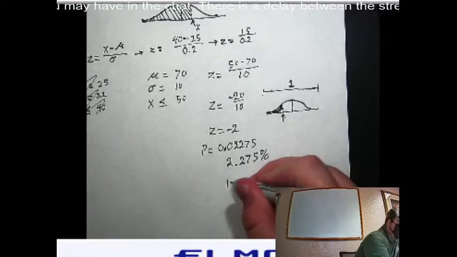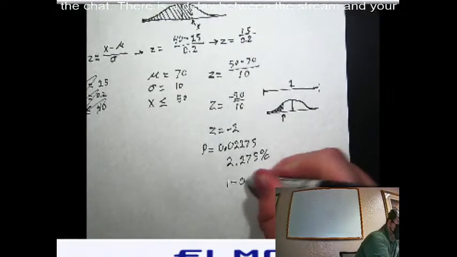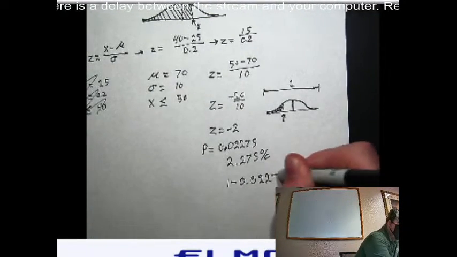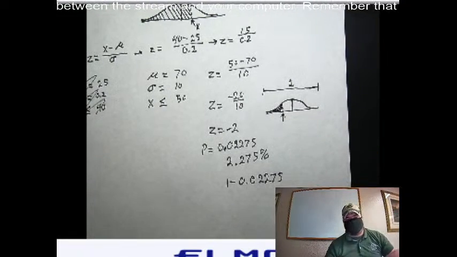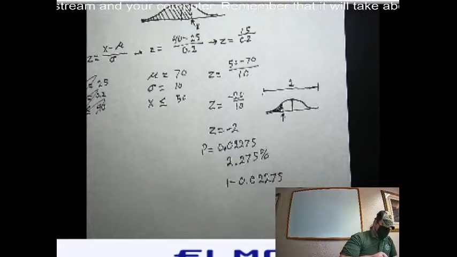So we take 1 minus this probability, 0.02275, and let's again go ahead and figure that one out.